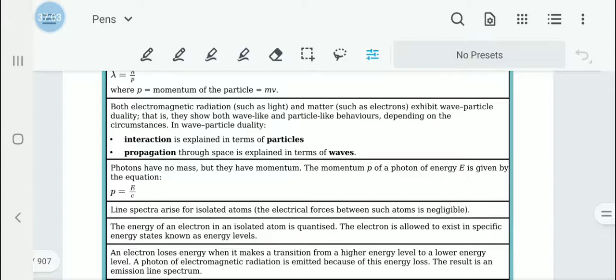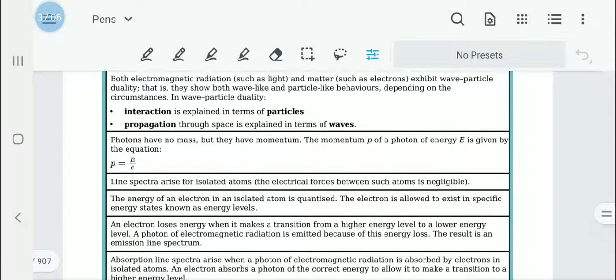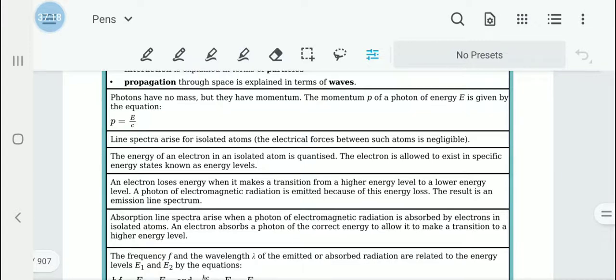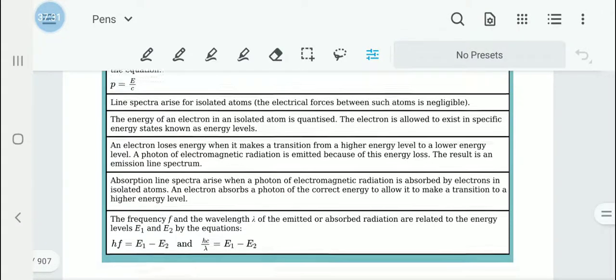That means they behave like both particles and waves. So in wave particle duality, interaction is explained through particles, and propagation is explained through waves. Photons have no mass, but they have momentum because of their energy. The momentum p of a photon of energy E is given by p equals E upon c.